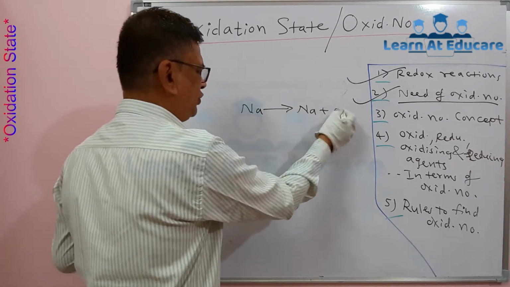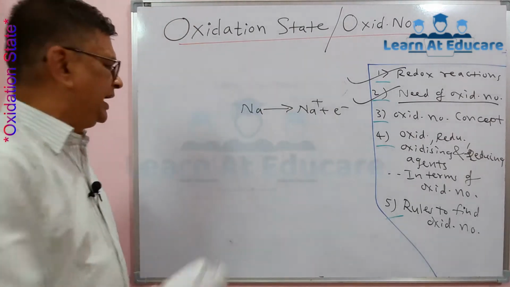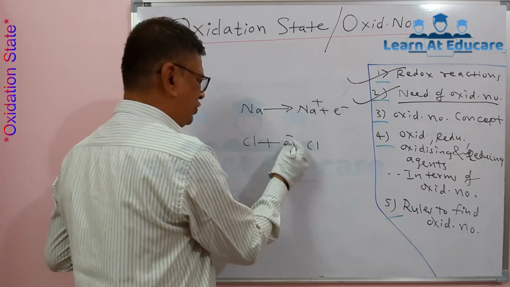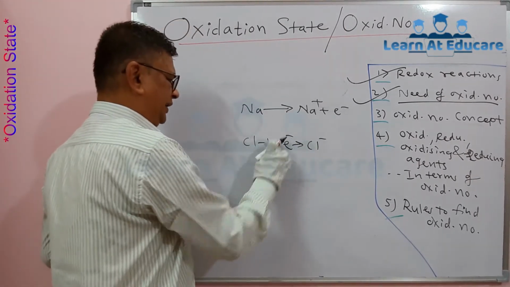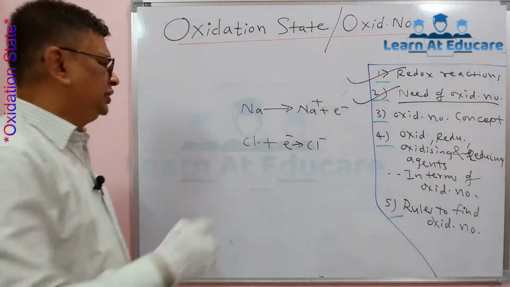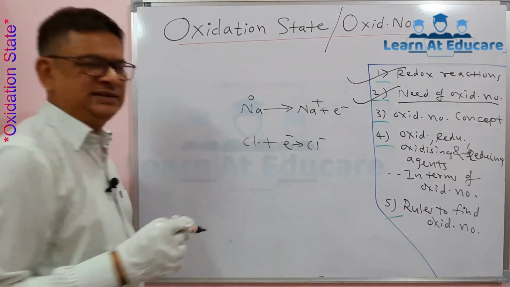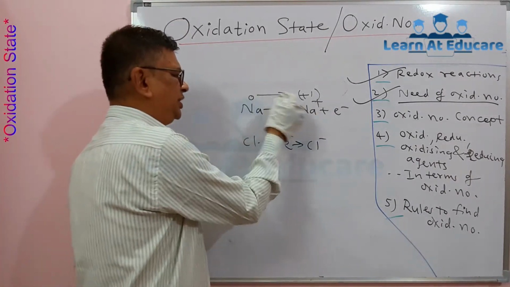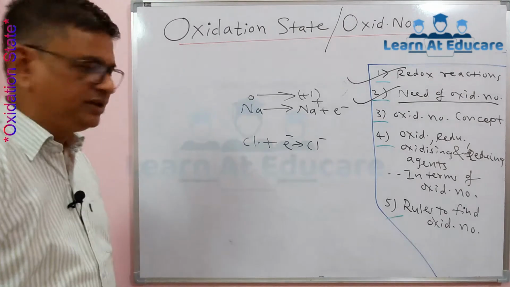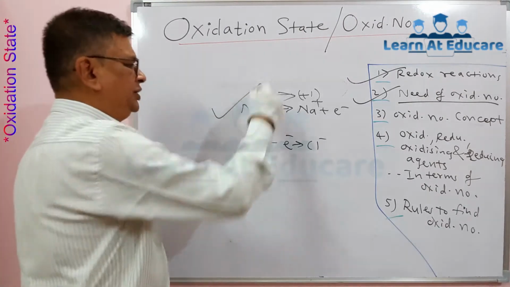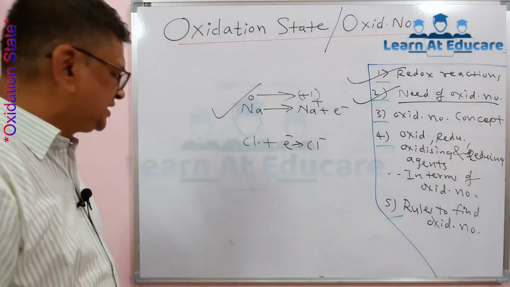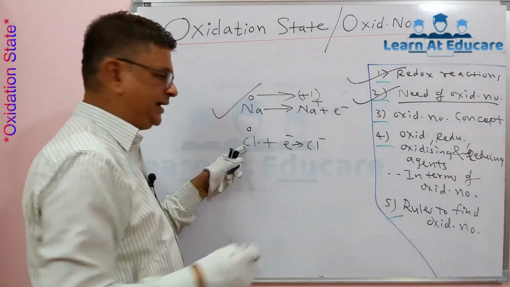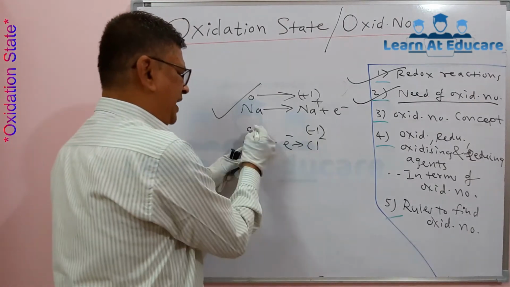See the oxidation of sodium here. Sodium donates an electron, that becomes Na plus ion, and chlorine accepts an electron to become chloride ion. Now in the first reaction, the sodium on the left side has charge 0 and here plus 1, meaning oxidation number increases from 0 to plus 1, and increase in oxidation number is called oxidation. Similarly, in the second reaction, chlorine has oxidation number 0 on the left side, while in chloride ion it is minus 1.